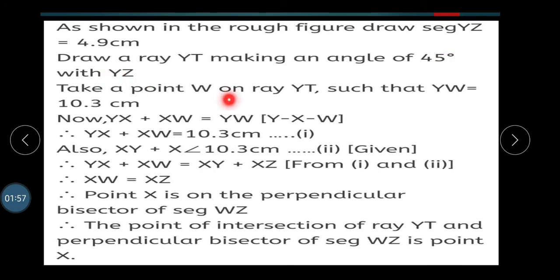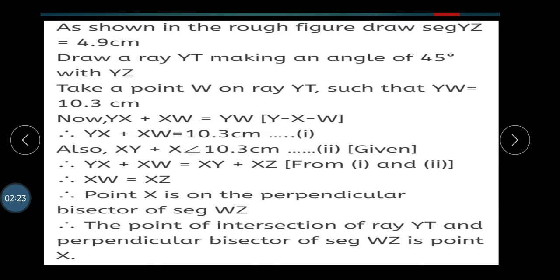Take point W on ray YT such that YW is equal to 10.3 centimeter. Now YX plus XW is equal to YW. Reason: Y-X-W. Let us substitute the values, that is YX plus XW is equal to 10.3 centimeter.